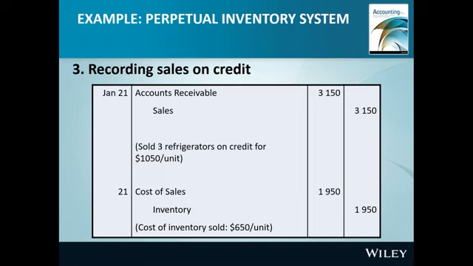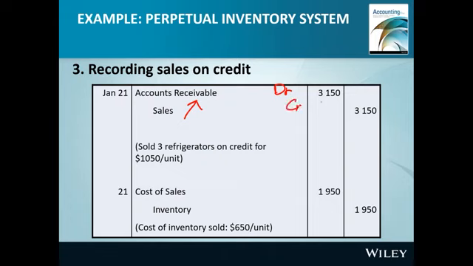Next, when we sell the item to our customer, for example 3 units, we record the sales, our revenue increases, and since they are not paying us yet, I debit their accounts receivable by 3,150.